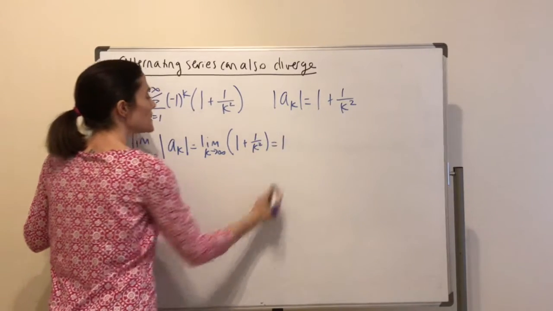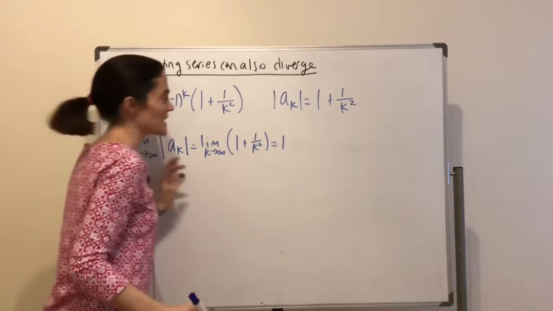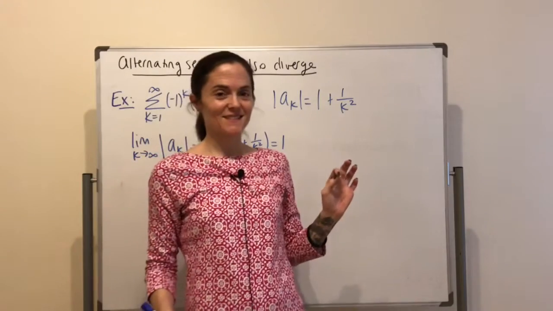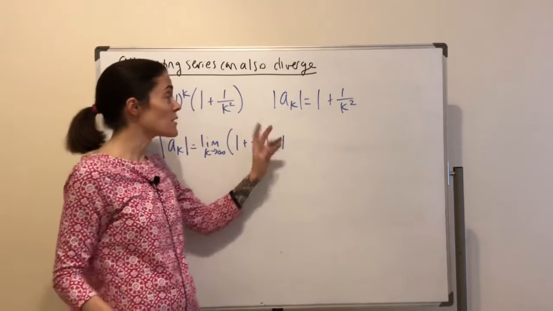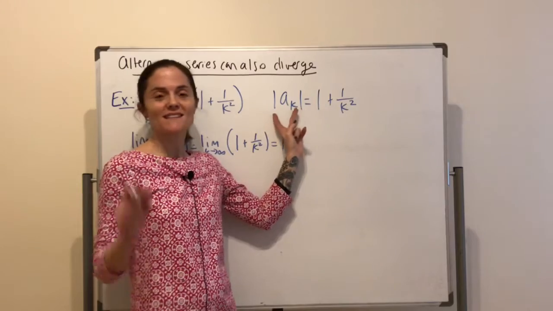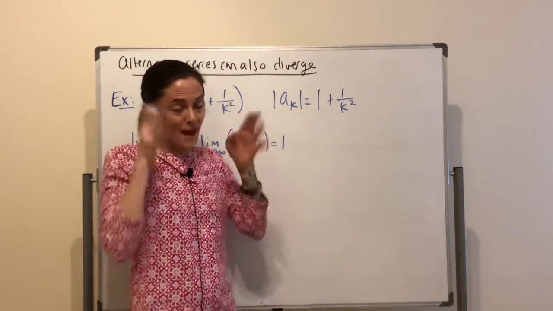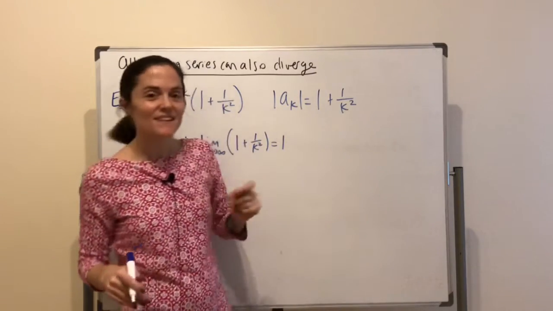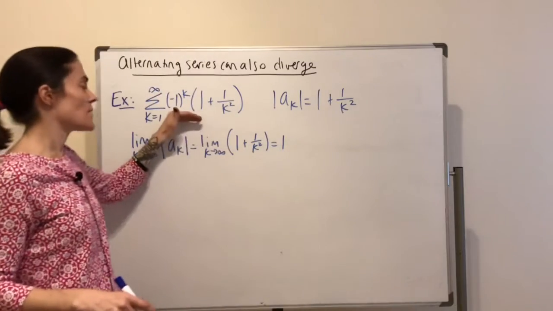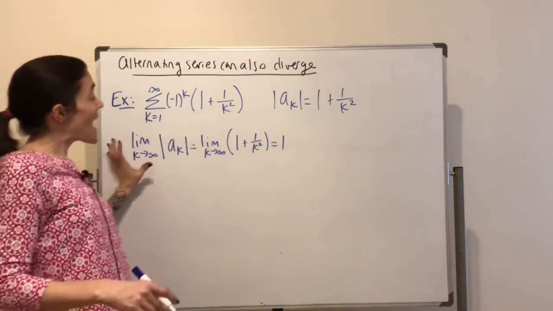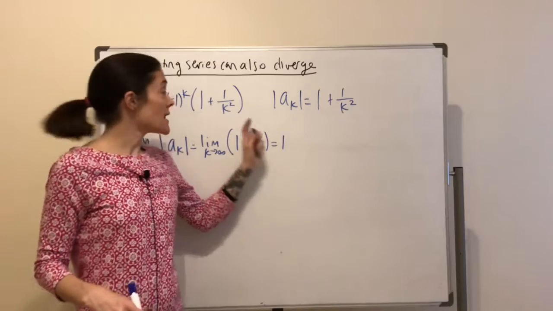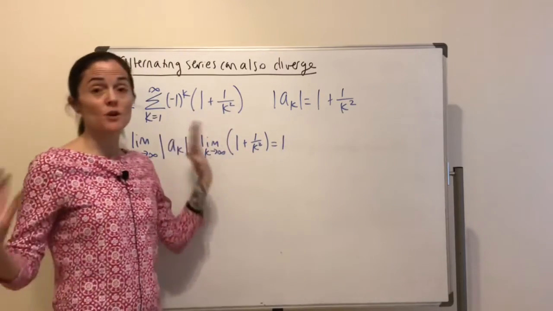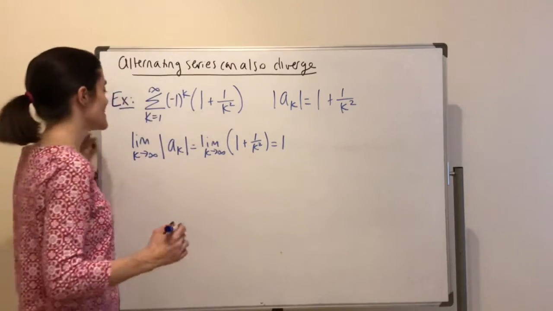This is 1. Well, in particular, by the term test, this is not equal to 0. The term test would say the series of the absolute value of a_k diverges. But I'm really just interested in this series. But having evaluated this limit, it helps me think about the limit of the terms of my alternating series.